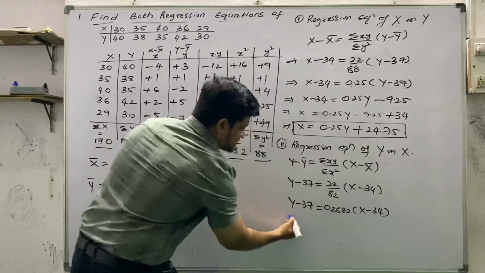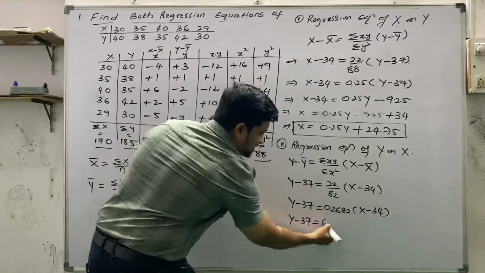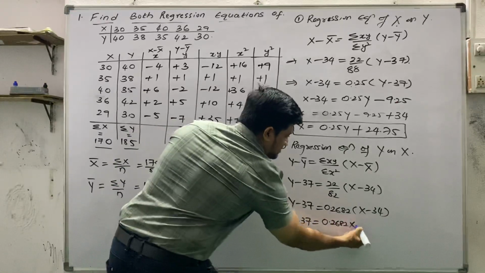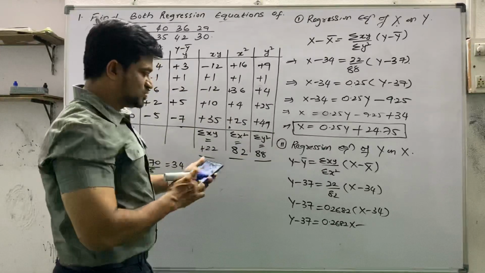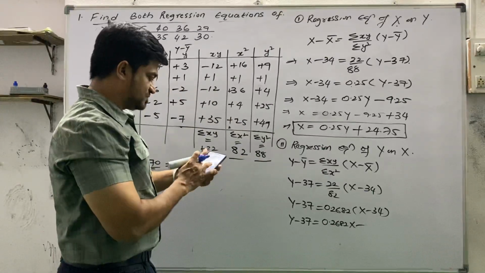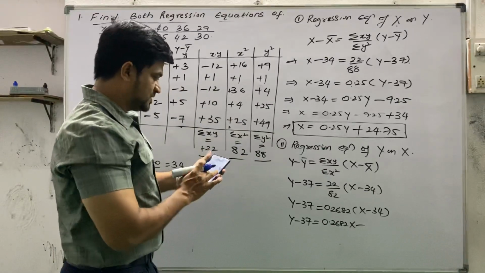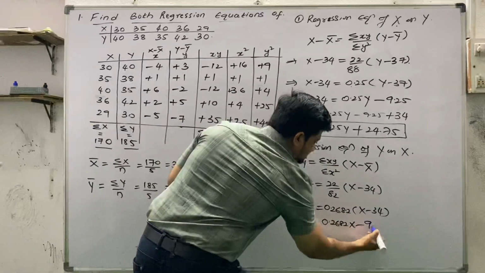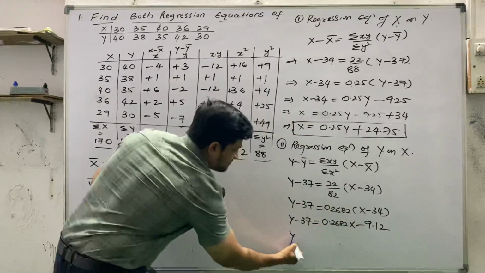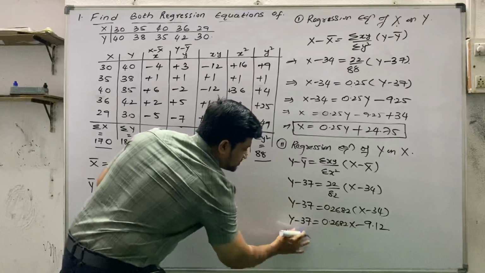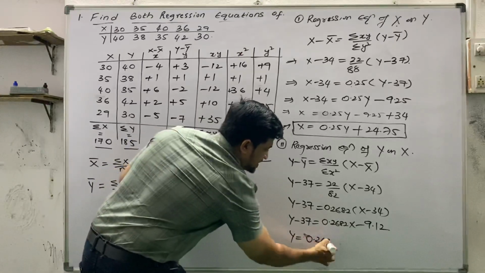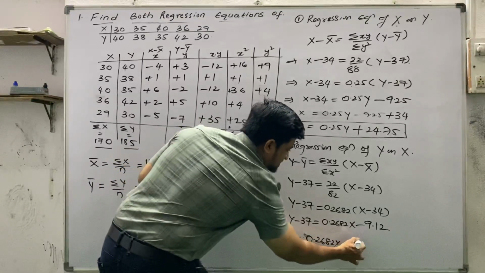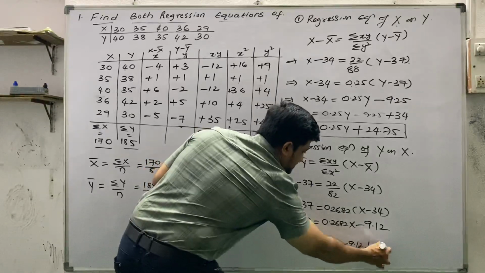Correct to 4 decimal places you can consider to get accuracy. Minus this 0.2682 multiplied by 34, which is 9.121. Now we have y equals 0.2682x minus 9.12 plus 37.